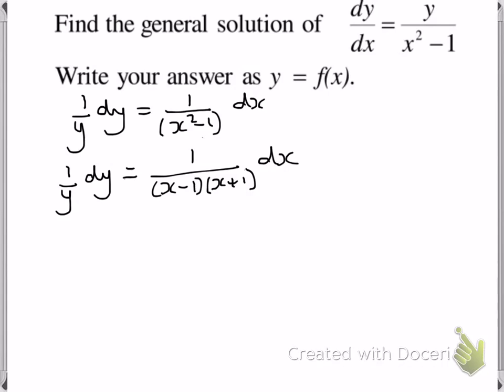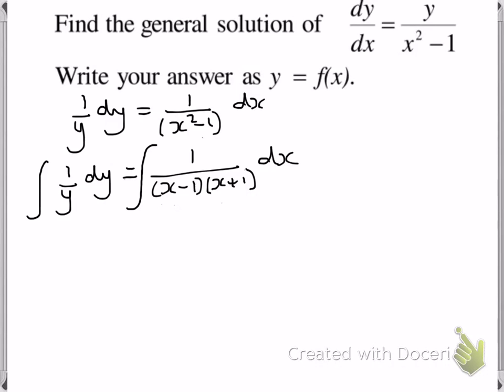I'm going to integrate both sides. Looking at the right hand side, to integrate this, we need to separate it into two partial fractions, which we can then go on and integrate.